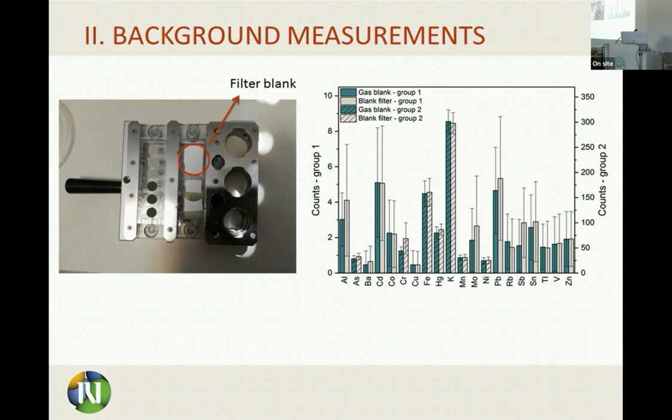This is the background that is just from measuring gas flowing through the instrument without any ablation. And this is the green one. And then when we ablated the blank filter, this is the gray one, we compared those signals for every element to see if there is any difference. And as we can see here, mostly there is no difference between those signals, so there is no contribution from the filter blank to the measured PM concentrations.